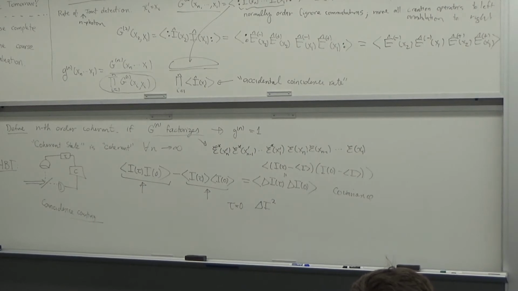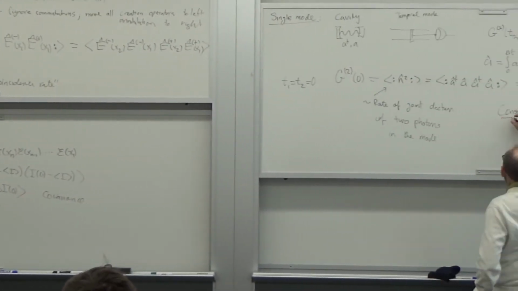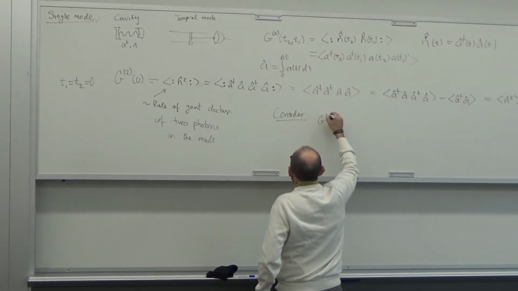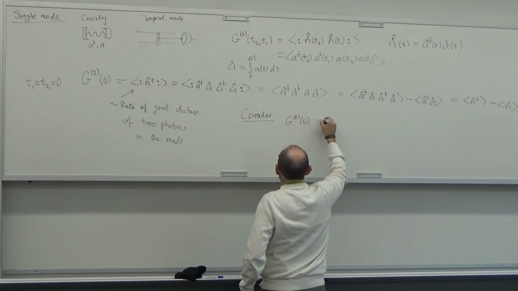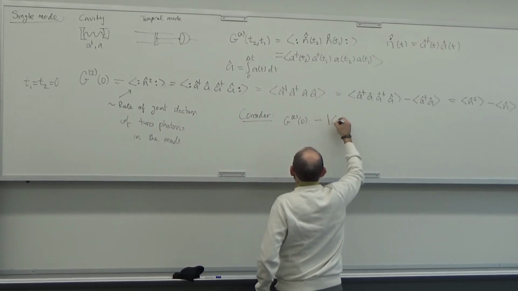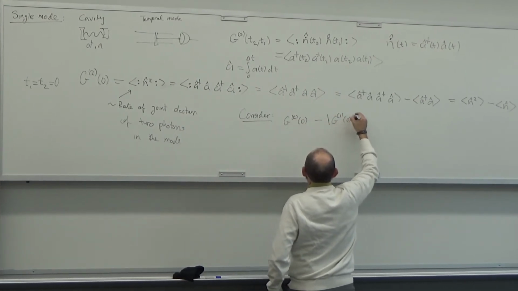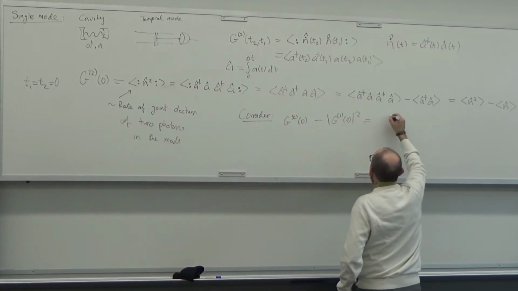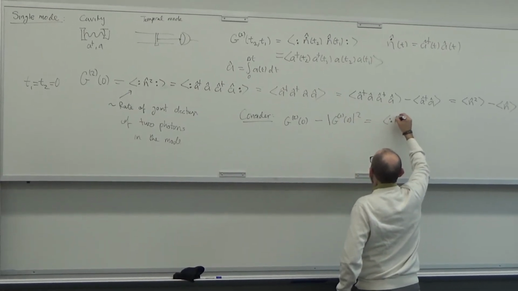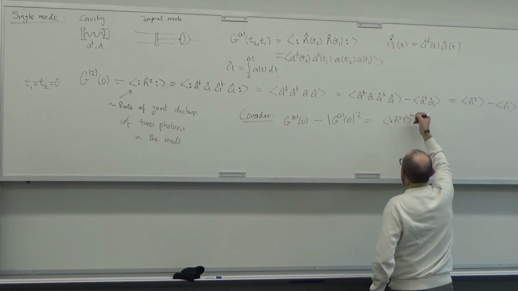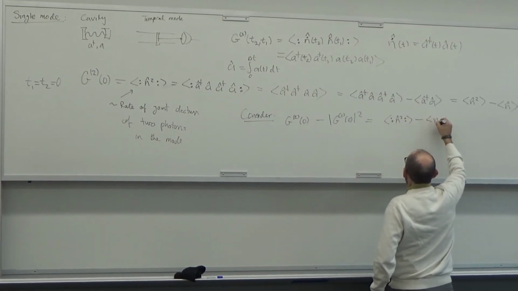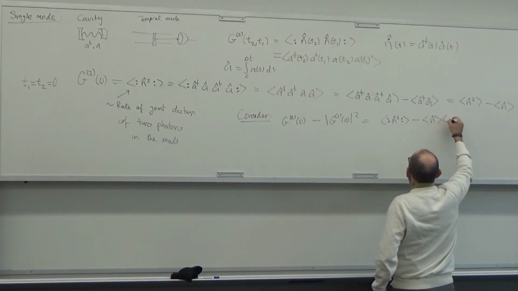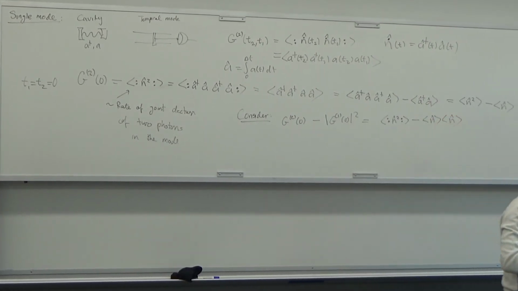So now let's consider G2 at 0 compared to the square of G1 at 0. That is to say, I'm going to look at the difference between the probability, or rate, of joint detection minus the product of the rates if they were uncorrelated.